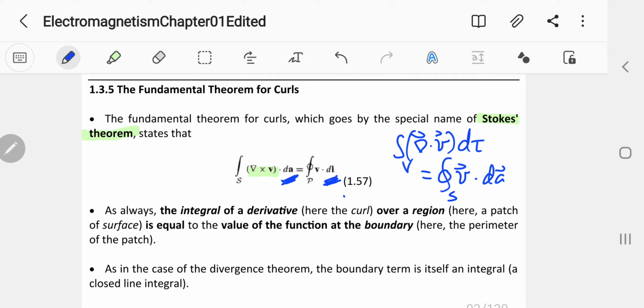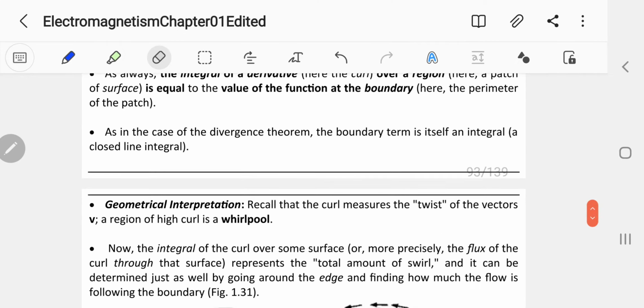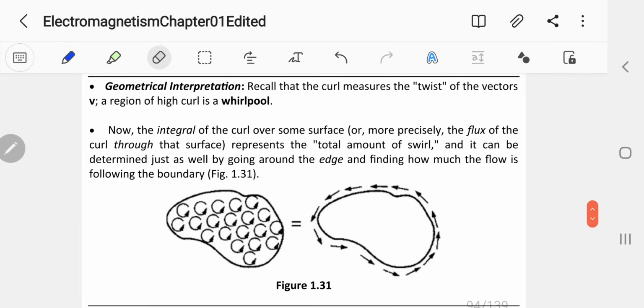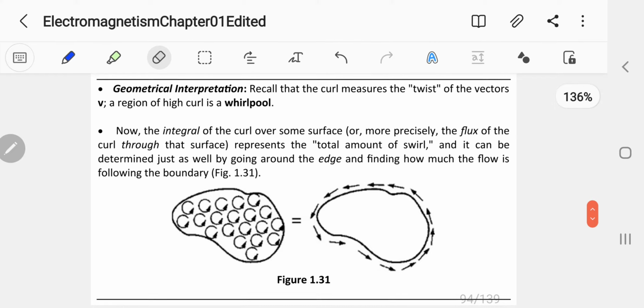So we can do some examples. But before that, we'll go to the geometrical interpretation. Recall that the curl measures the twist of the vectors v. So you have the curl of each vector here.